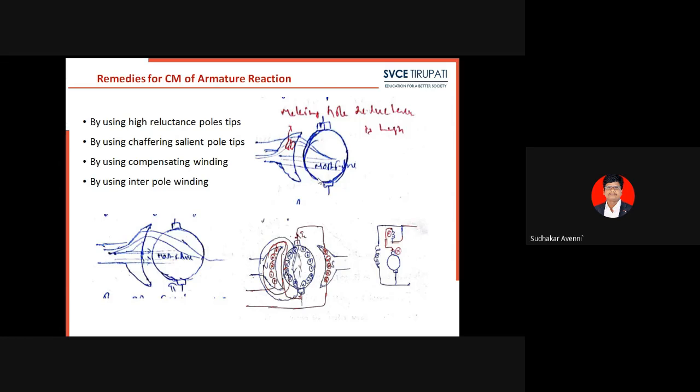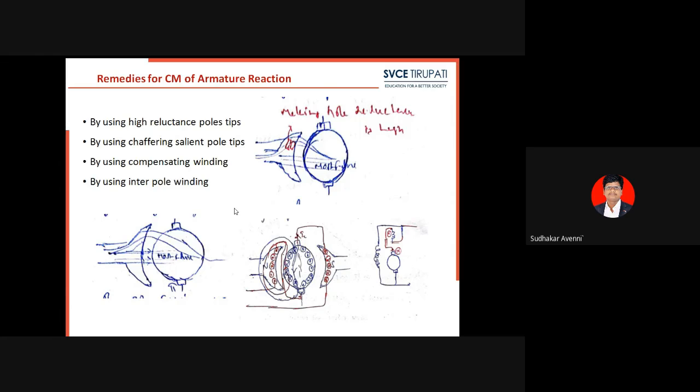The effect of cross magnetization is reduced, and by reducing this effect, we can also improve the commutation path. The interpoles cause demagnetization of the trailing pole tip and magnetization of the leading pole tip, such that the air gap flux is improved and becomes nearly flat everywhere.